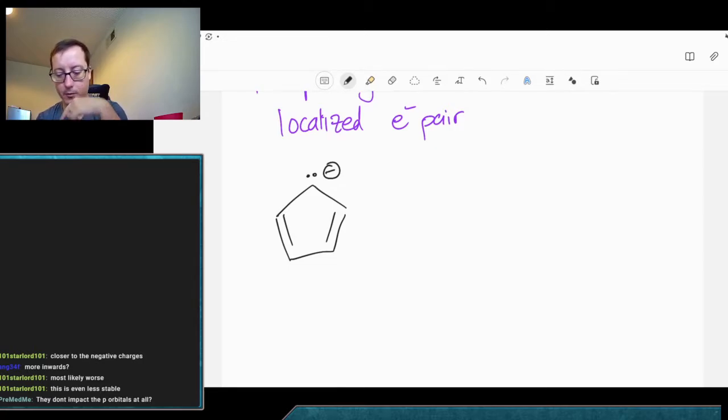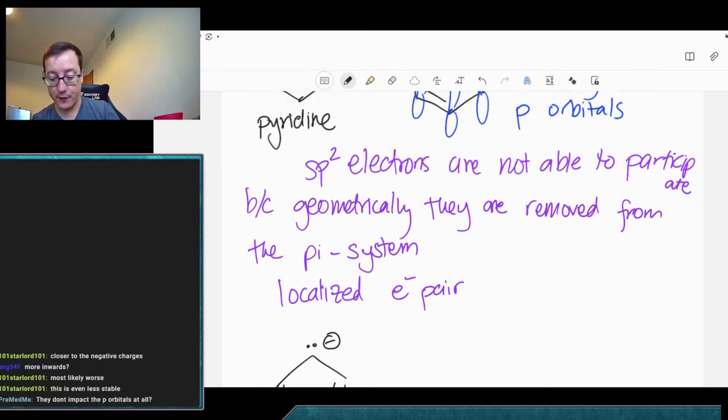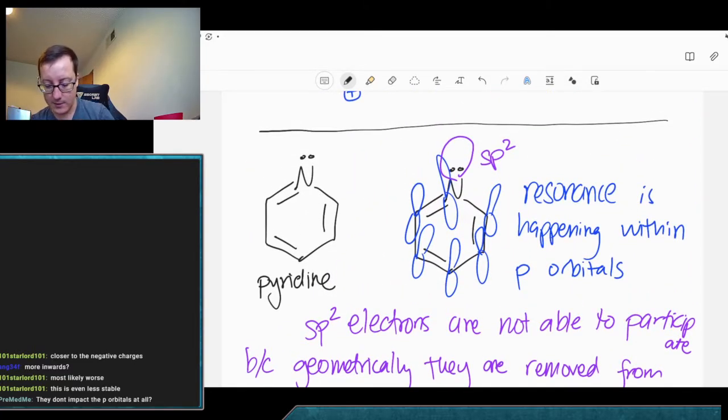So the p orbitals are filled, right? So with this nitrogen, we have one electron in one sp2 orbital going to the right. We have one electron in an sp2 orbital going left. We have one electron in the pi orbital, that is a p orbital, that is forming a pi bond, also to the left.